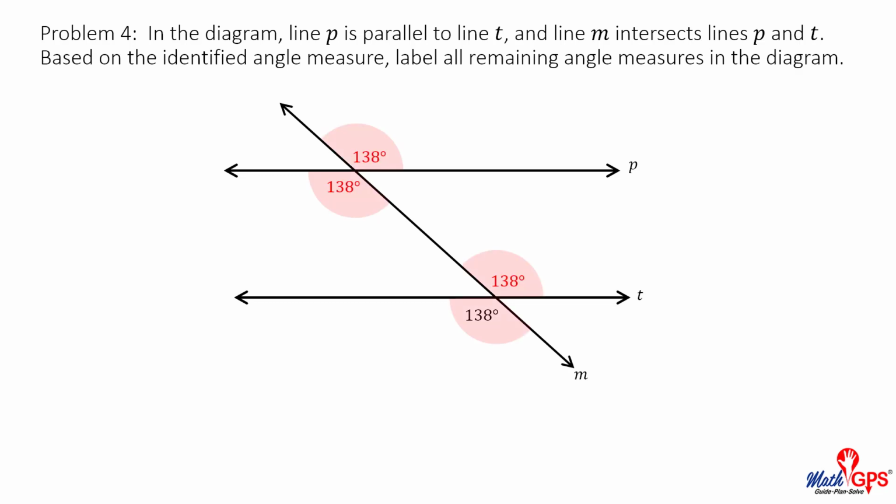The obtuse angles all measure 138 degrees. Then we can calculate the acute angles. The acute angles measure 42 degrees because they form supplementary pairs with the 138 degree angles.